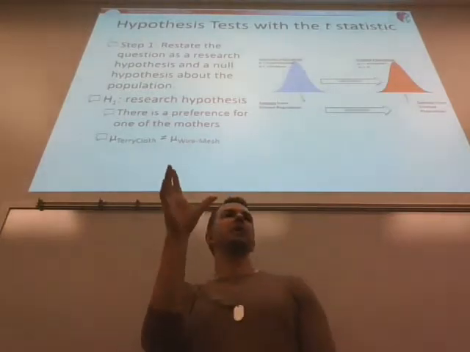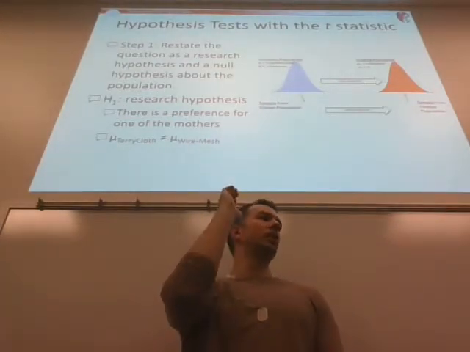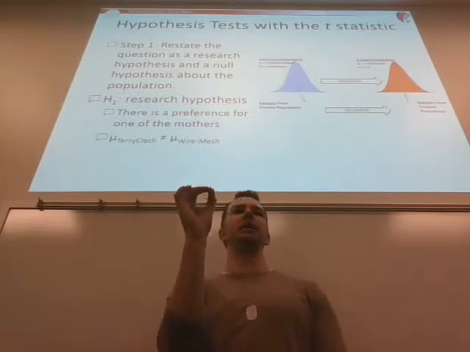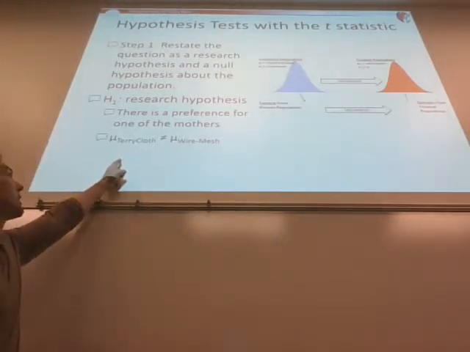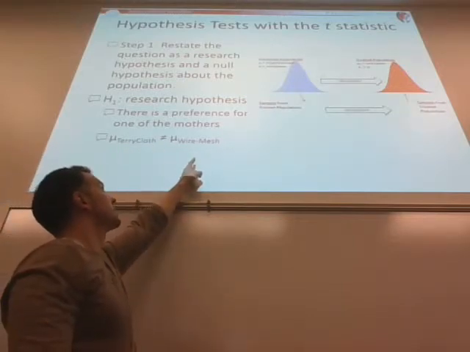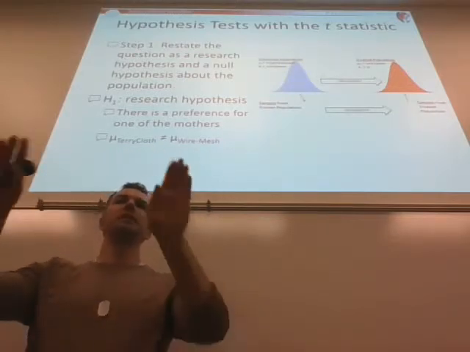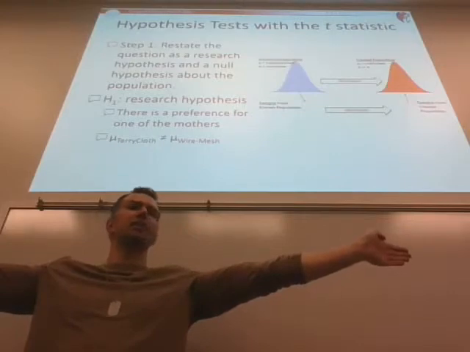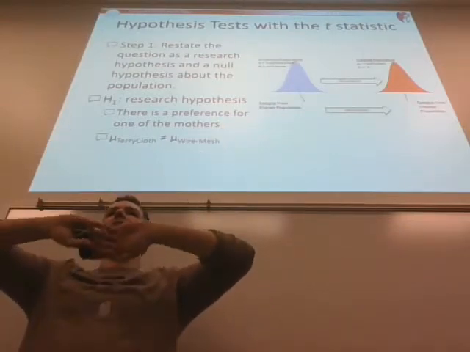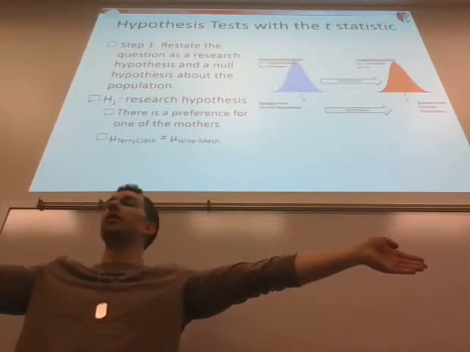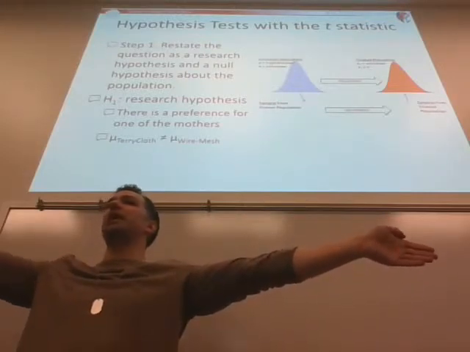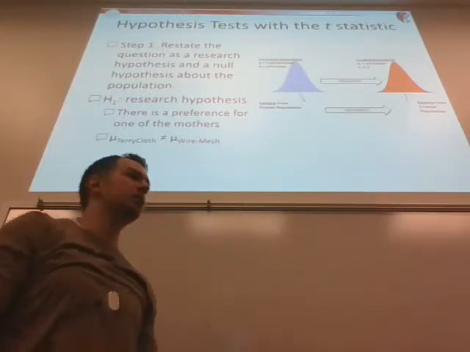And for SPSS, we need to define what that mean time is. So in this case, if the mean time with the terry cloth mother does not equal the mean time with the wire mesh mother, that means that they did not split their times evenly. That means that they did not spend an equal amount of time with the terry cloth and the wire mesh mother, which means that they did not spend 9 hours with one mother and 9 hours with the other.